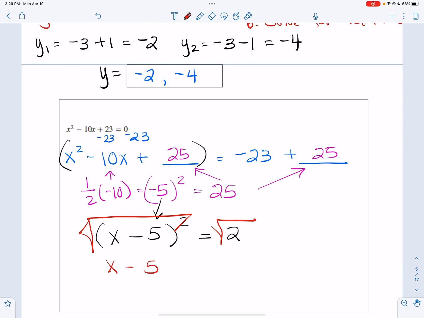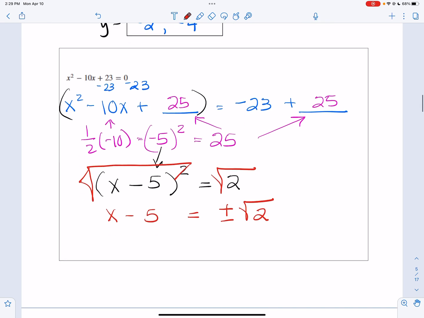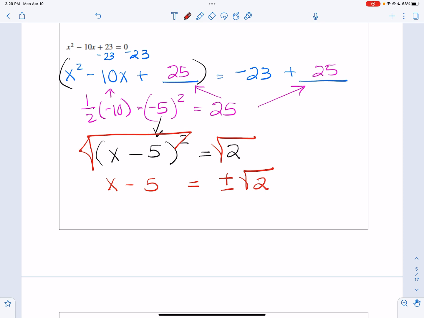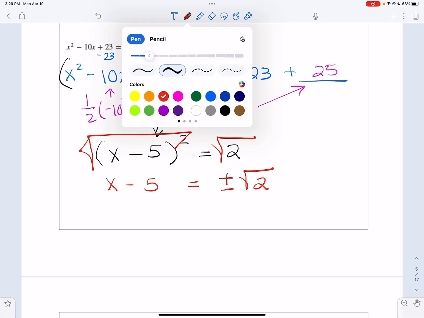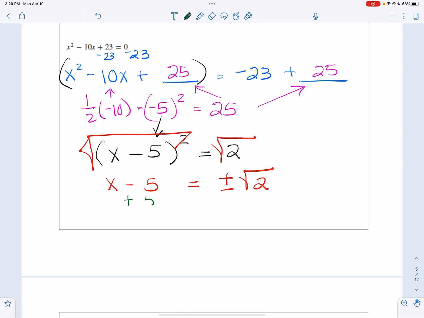X minus 5 equals plus or minus the square root of 2. And since the square root of 2 cannot be simplified, then I just leave it like that. And then last but not least, I move over the 5.